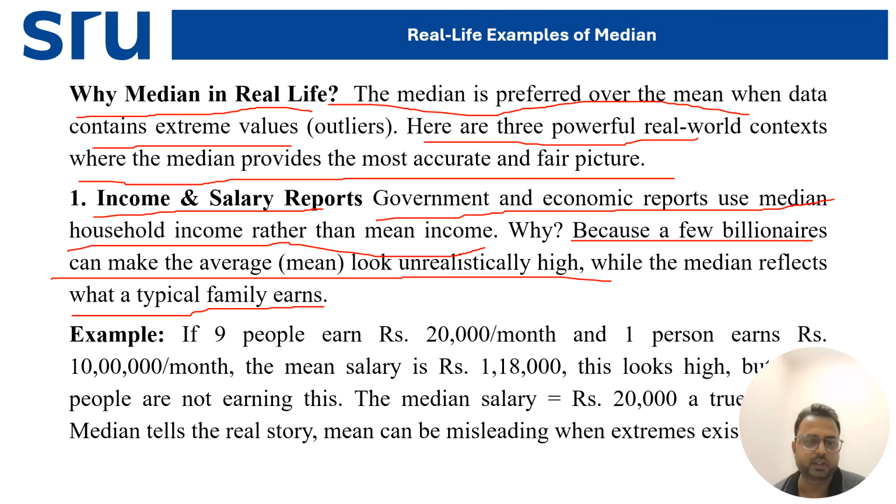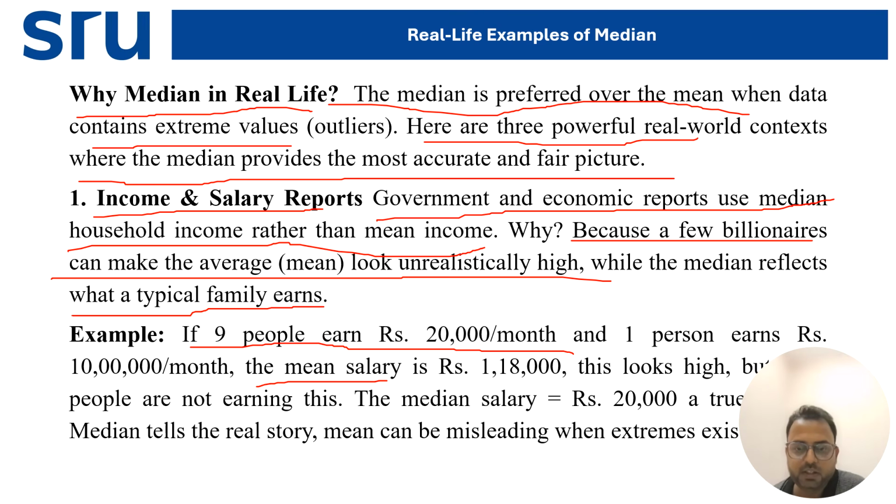Suppose nine people earn 20,000 per month, and one person earns 10 lakhs per month. So the mean salary is 1 lakh 18,000. This looks high, but most of the people are not earning this.